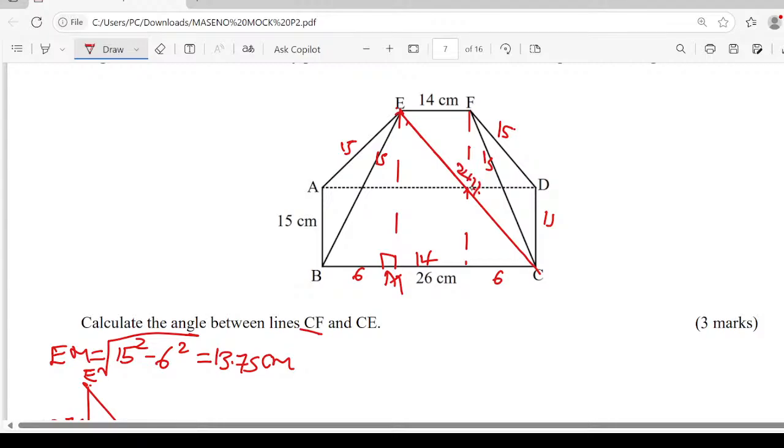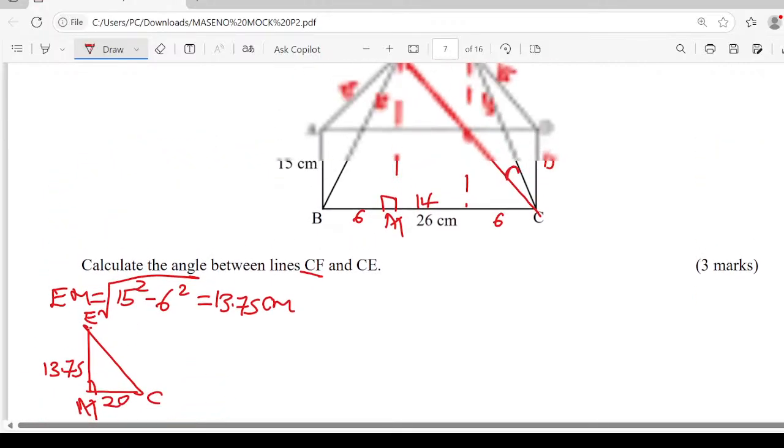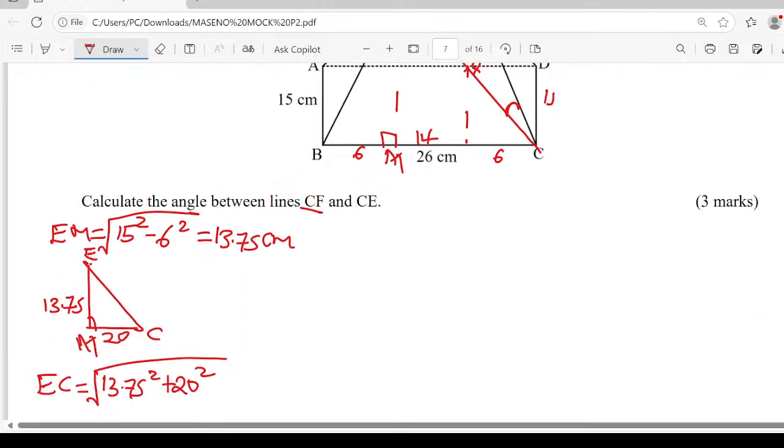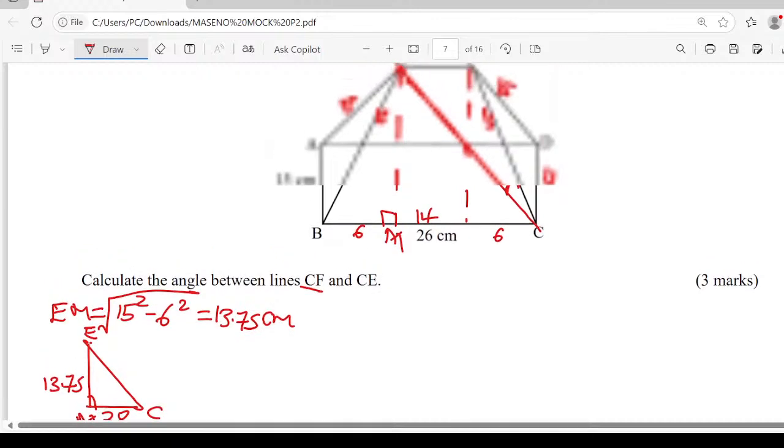Now, once I have this as 24.27 centimeters, they want which angle? This is the angle they want. I'm now going to use what is called the cosine rule. Why am I using the cosine rule?